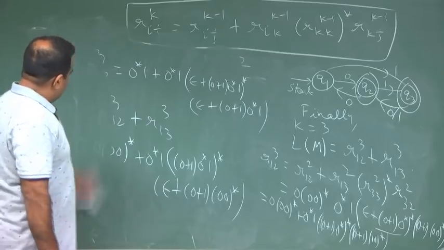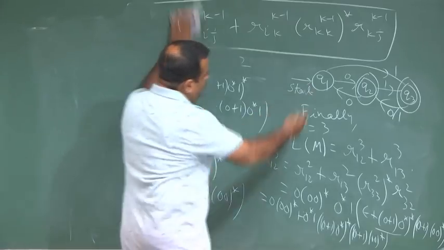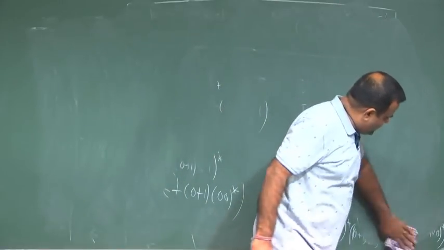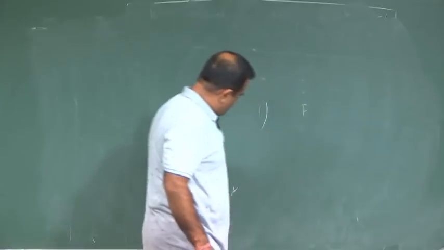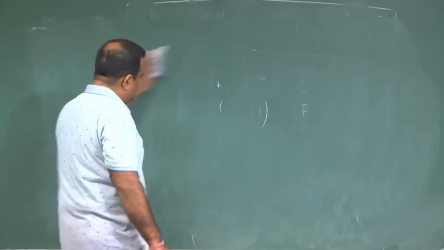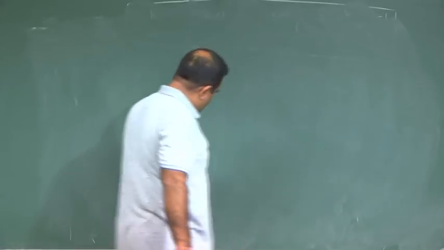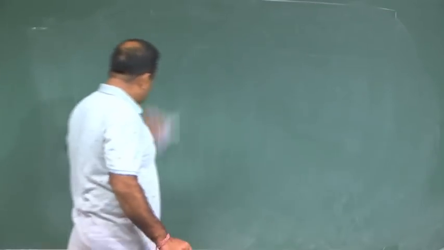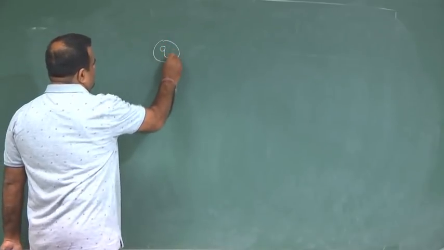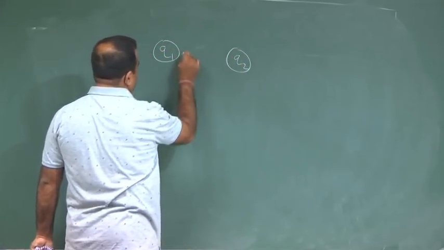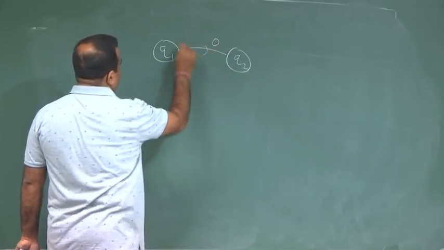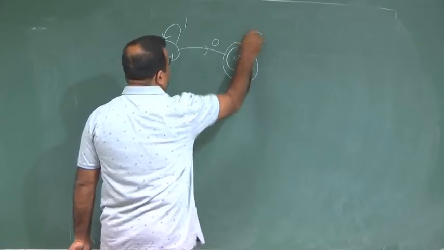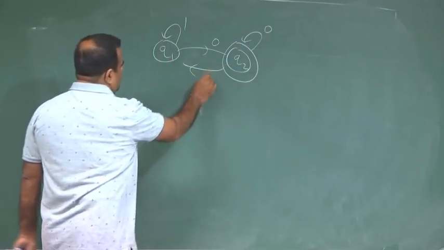Now, we will take some simple example. I wanted to show you that if we have two acceptance states, then we have R 1 3 and R 2 3. Now, if you have a simple one, like this DFA with Q 2: if we have a 0 we go here, if we have a 1 we remain here, and from here if we have a 0 we go here, 1 we remain here.